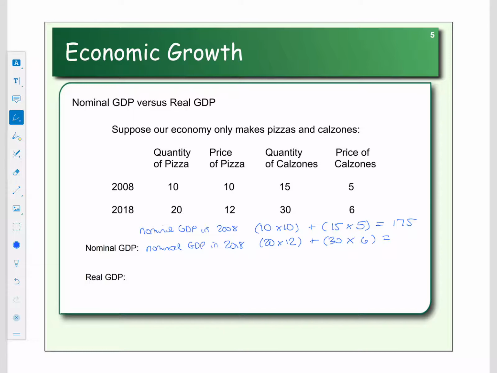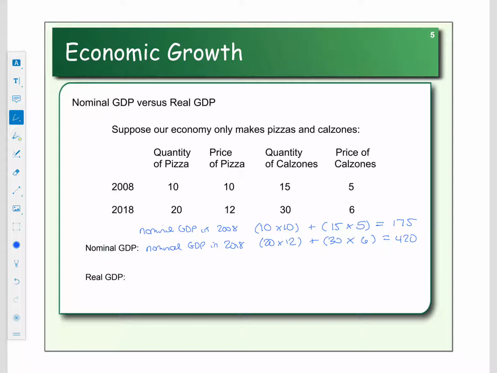And when we do that calculation, we find that nominal GDP is $420. So between 2008 and 2018, this hypothetical economy sees nominal GDP change from 175 to 420.